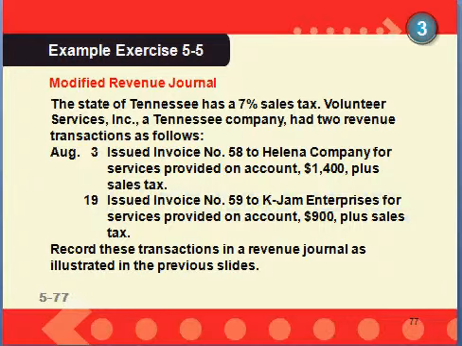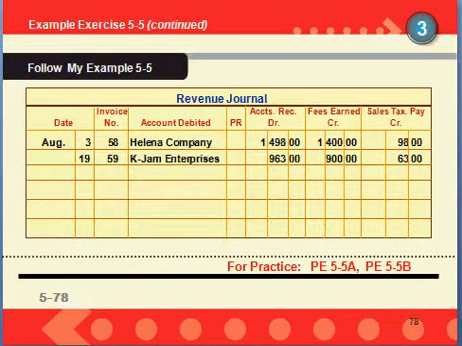And now we're going to take a look at another example exercise, and this is 5-5, and you'll find it on page 218 in your book. We've got two transactions, and it says record these transactions in our revenue journal or sales journal, and these have 7% sales tax. So 7% of $1,400 will result in $98 worth of tax.